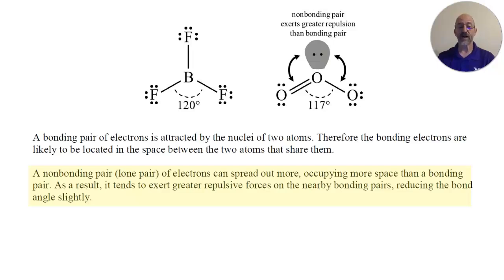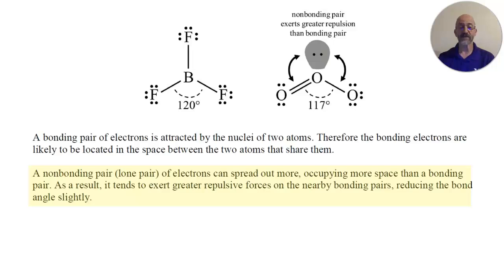As a result, the non-bonding pair of electrons tends to exert greater repulsive forces on the nearby bonding pairs. And so that's why the bond angle in ozone, or O3, is not 120, but slightly less. It's 117 degrees, because the non-bonding pair exerts greater repulsive forces on the nearby bonding pairs, reducing the bond angle slightly.